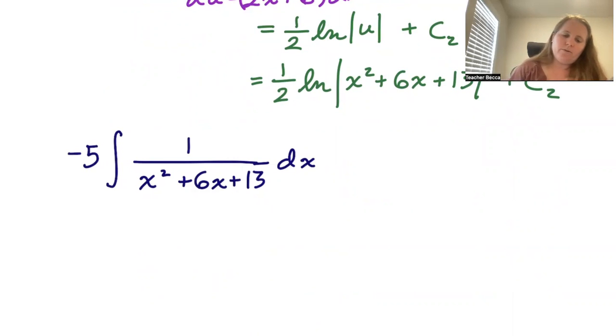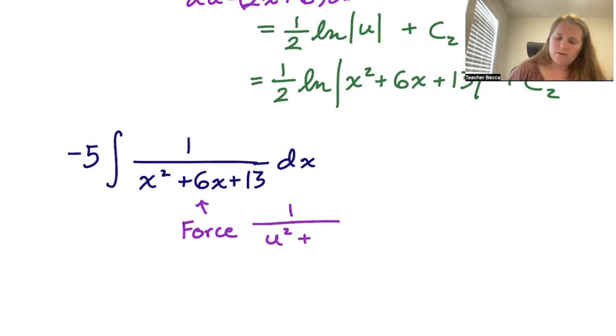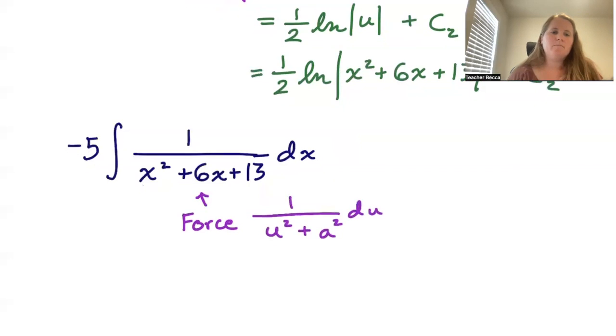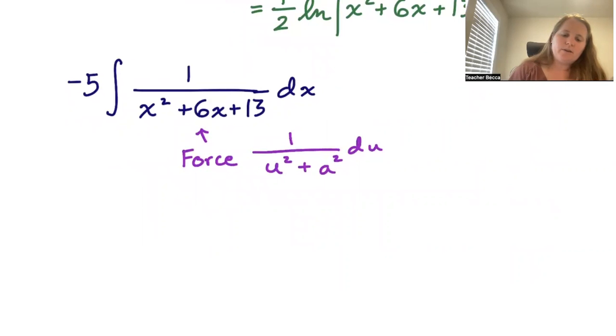For this one, we are going to force 1 over u squared plus a squared du format. So we will need to complete the square.